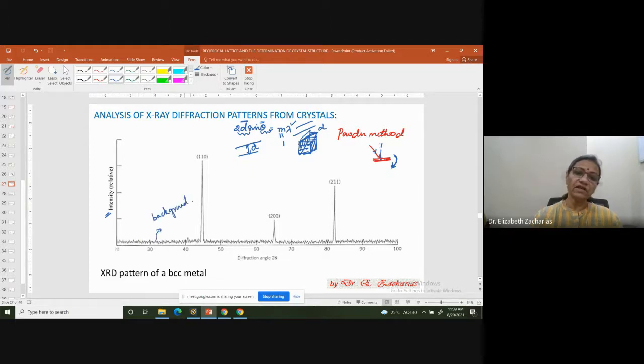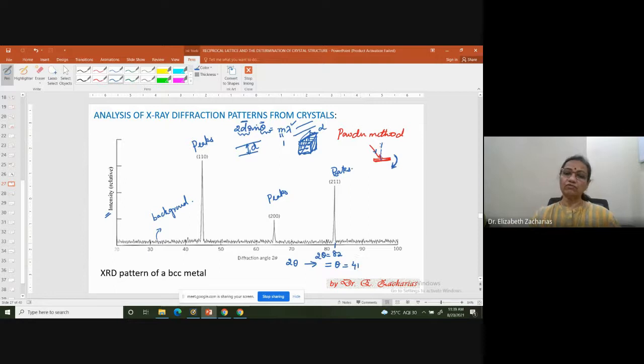But suddenly in between, you will find peaks. And these peaks correspond to different values of 2 theta. The angle will be taken as 2 theta. For example, if this is 82, then 2 theta is 82 means theta is 41.